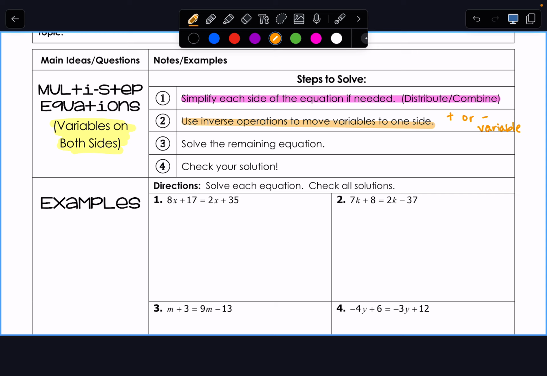Once we do those two things, it basically becomes a two-step equation. So undo the addition or subtraction, undo the multiplication or division. Then you're going to have an answer. Check your answer. So it's not going to be a whole lot different. We just need to make sure we get our variables to one side or the other.